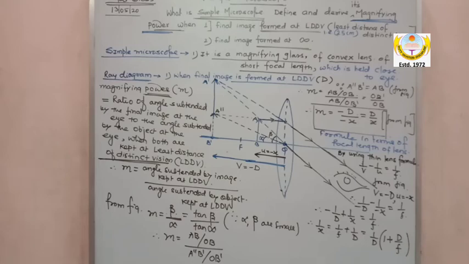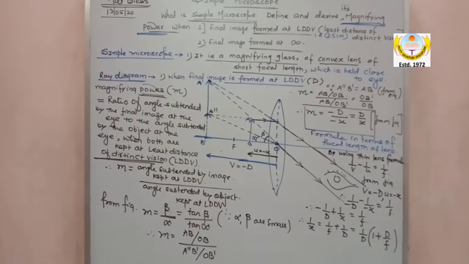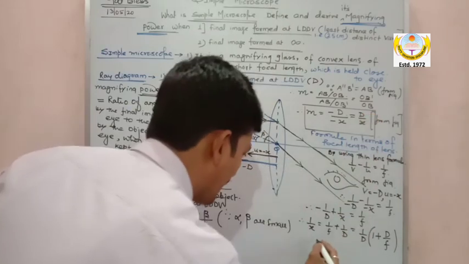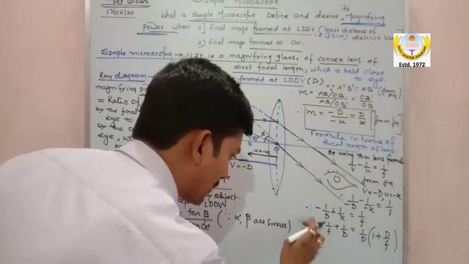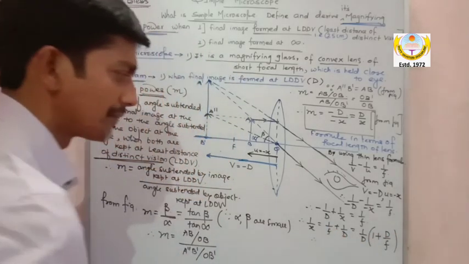One plus D by f will be the formula for 1 by x, by taking 1 by D common. So now, you can see, 1 by x is equal to 1 by D into 1 plus D by f.